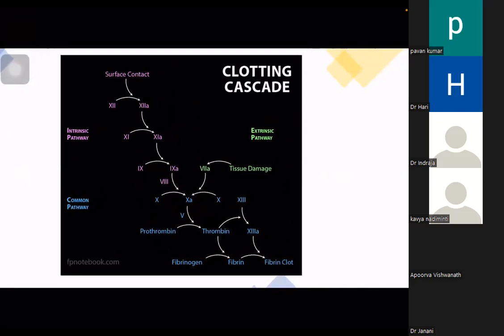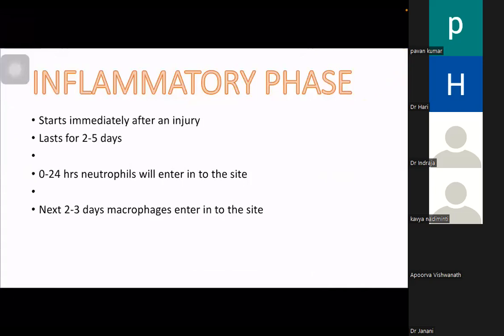When a patient is using warfarin, it inhibits vitamin K epoxide reductase, which inhibits factors which are dependent on vitamin K. Those are factors 2, 7, 9, 10. And this leads to increased prolonged clotting time, and which leads to increased loss of blood during the surgery.